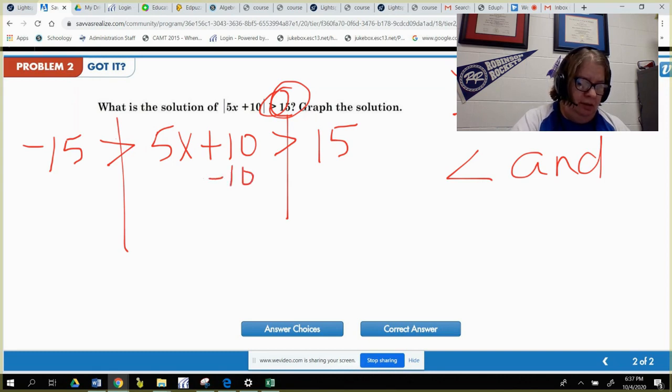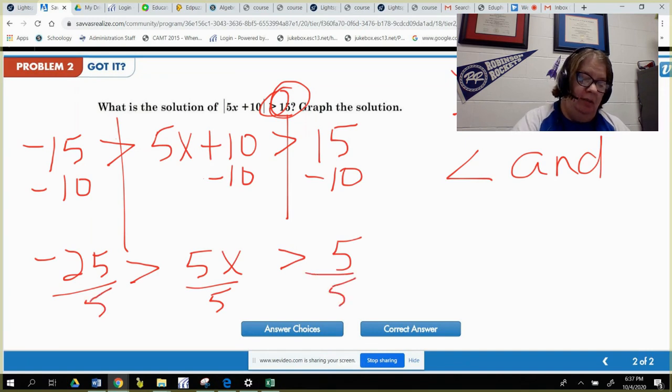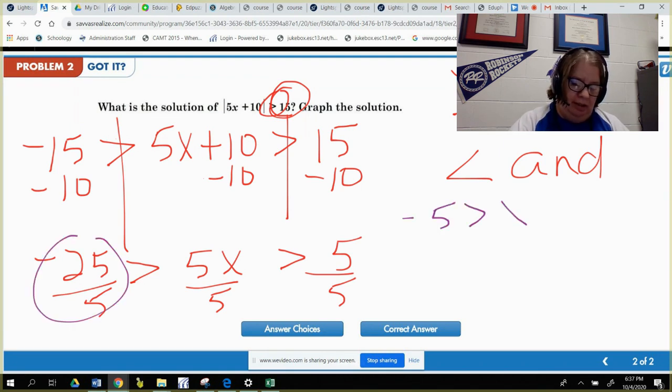Subtract the 10, subtract the 10, subtract the 10. 15 minus 10 is 5. How do we get the x by itself? Divide by 5. And we end up with an answer. It's negative 5, that's from here, greater than x, greater than 1. We had the same numbers.